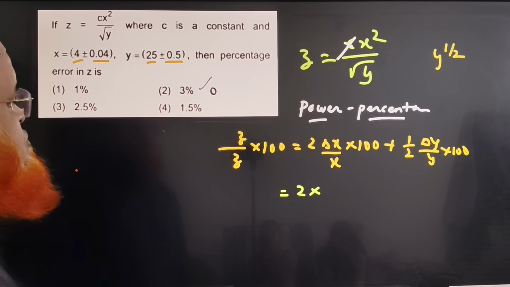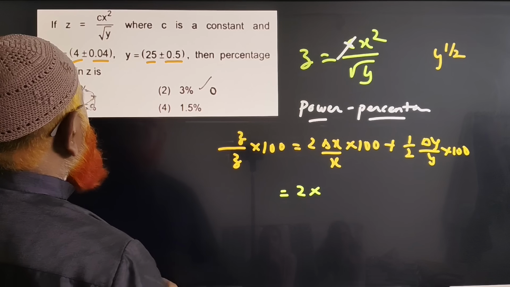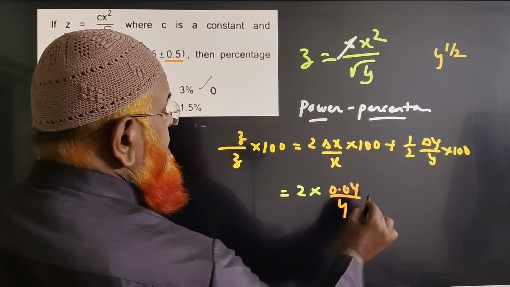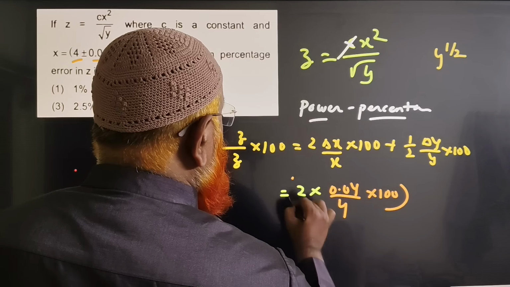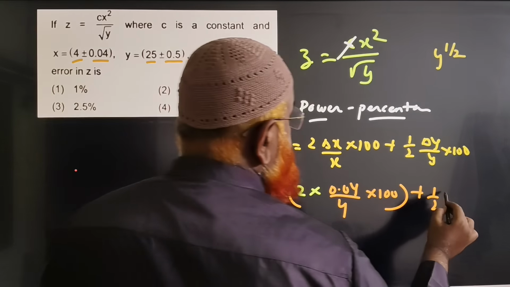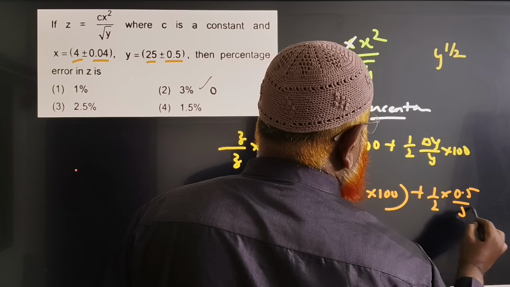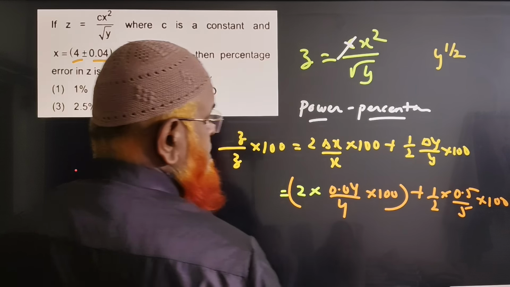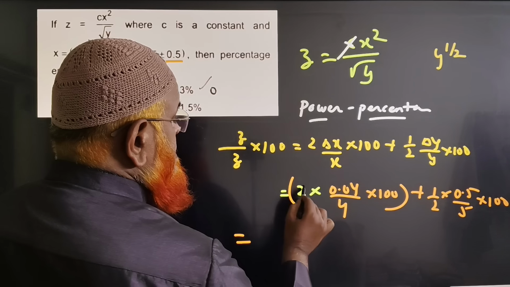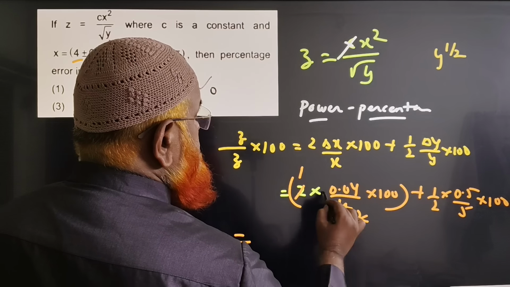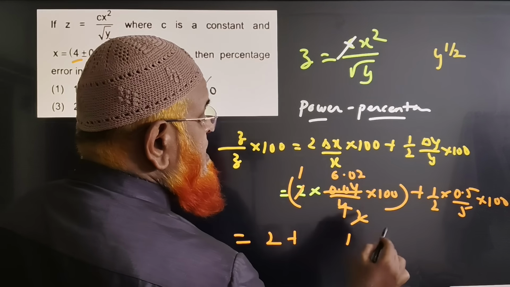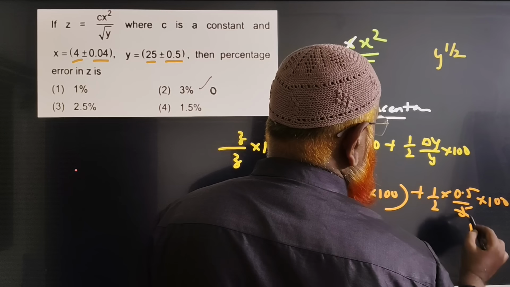So now 2 you will write like that only. Delta x means you write 0.04 divided by x, which is nothing but 4, into 100. Plus half delta y means 0.5 by 5 into 100. So what's your final answer now? 2 1s, 2 2s, 2 1s, 0.02 into 100 is nothing but 2, plus here is going to be 1.